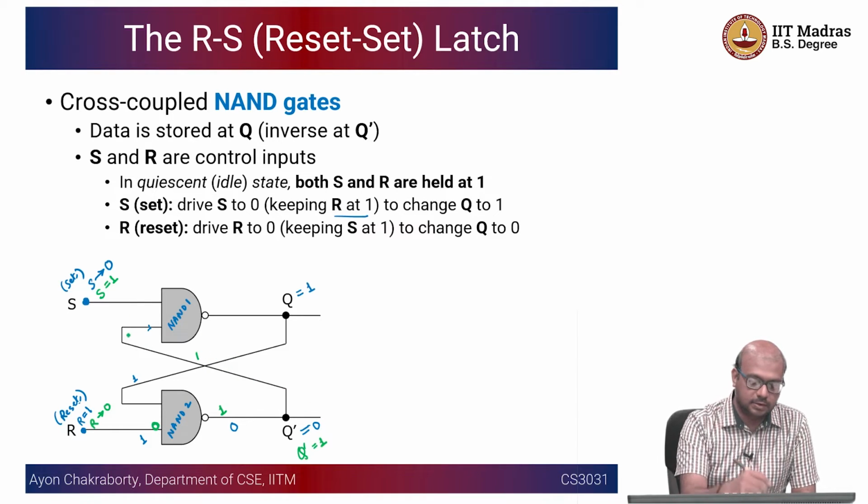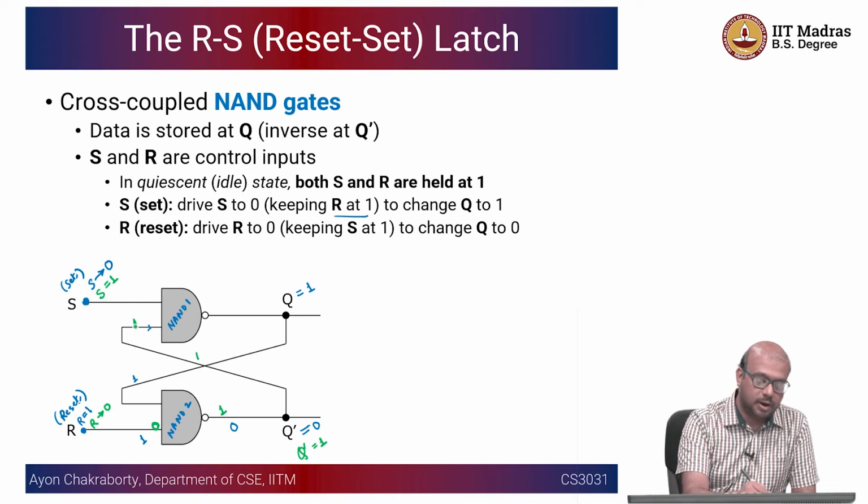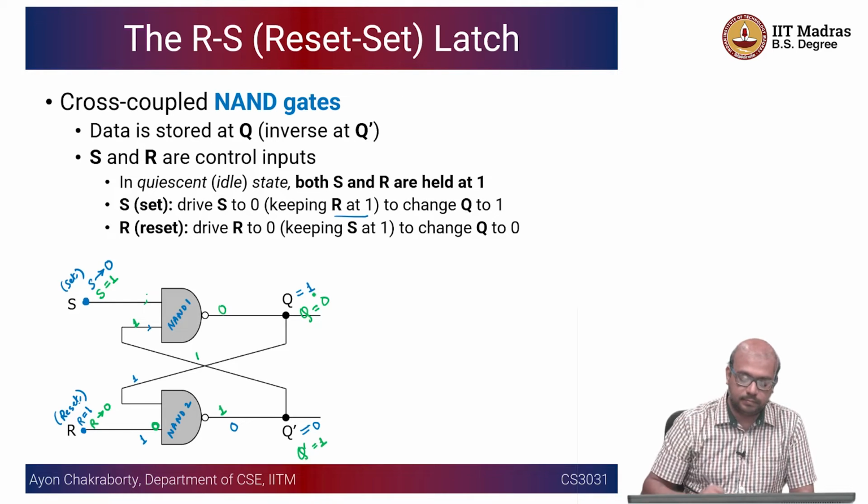Just follow the color, because the previous case was done using blue color. The current case is being done using the green color, right? So 1, and here S is equal to 1, so that output is definitely equal to 0, right? S equal to 1, and in that case Q is equal to 0.